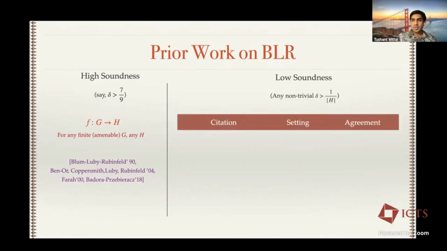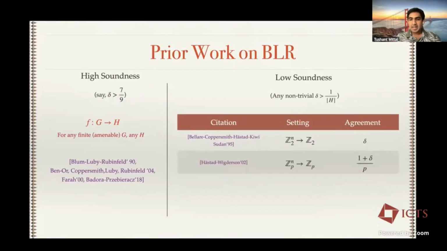And here we have very few results. The classical case was Z2 to the n to Z2, where if the test passing probability is delta, you get an agreement of delta. That's optimal, and that's how we want our parameters to be.